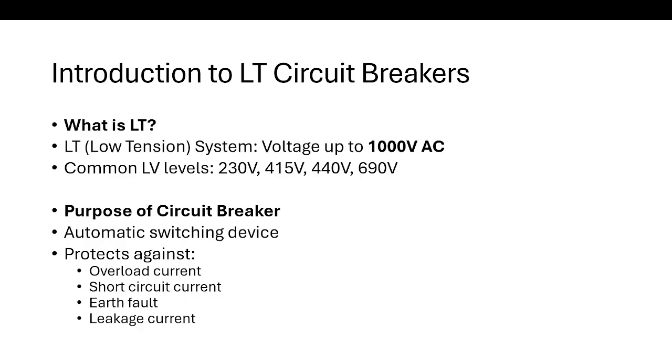If an overload happens, it trips to protect your devices like motors and cables. If any short circuit happens and a sudden rise in current occurs, then also the circuit breaker trips. If any earth fault occurs, such as cable damage, it trips the circuit breaker to protect the human working, and the same for leakage current.